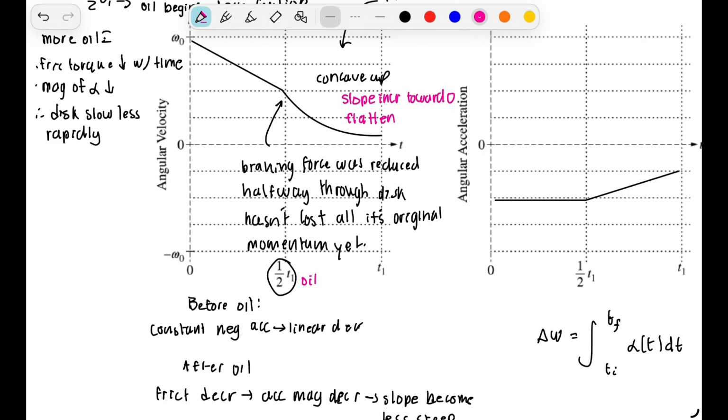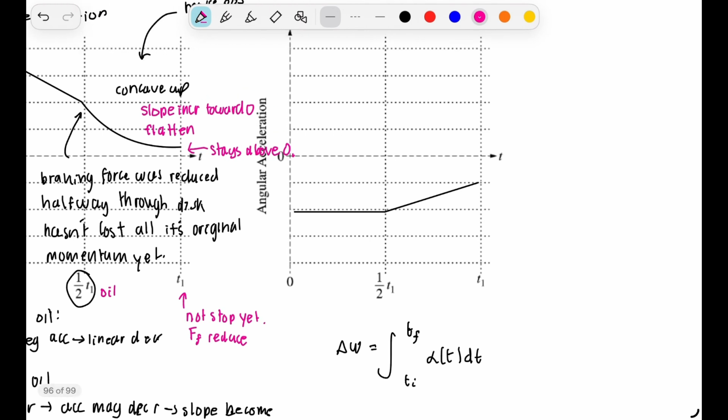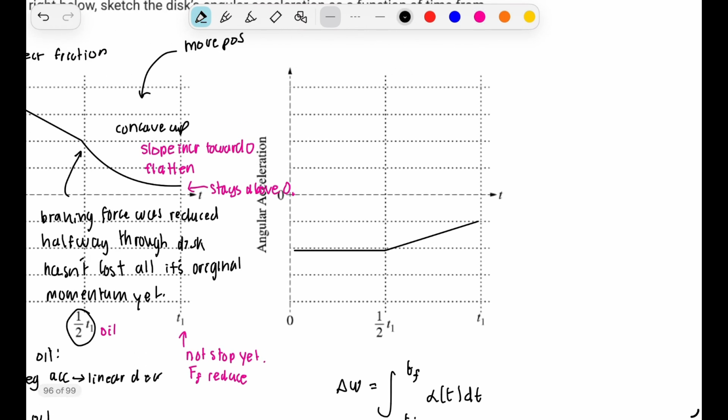You also have to note that the disk has not stopped yet at T1 because the friction has only been reduced. So that's why your velocity is going to stay above 0.